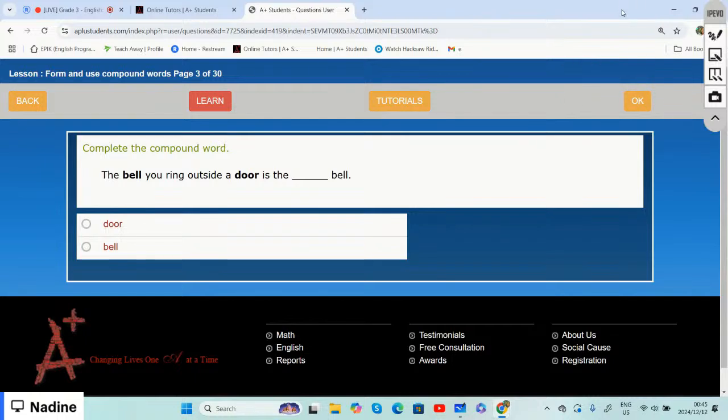All right, we need to select the compound word. A bell you ring outside a door is a what bell?